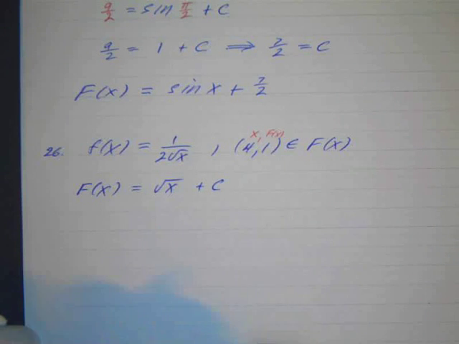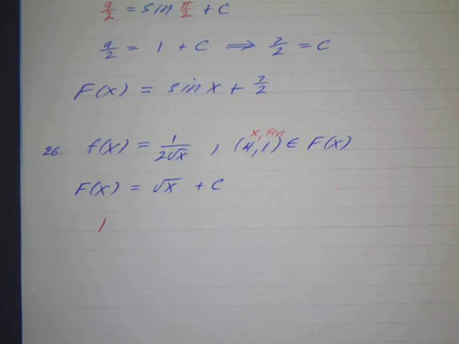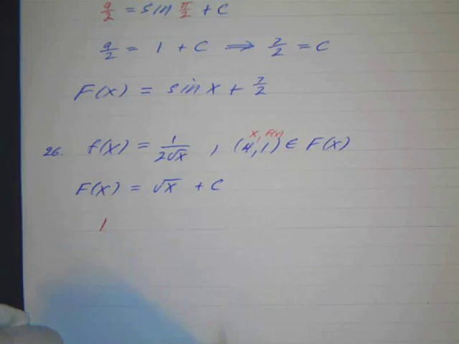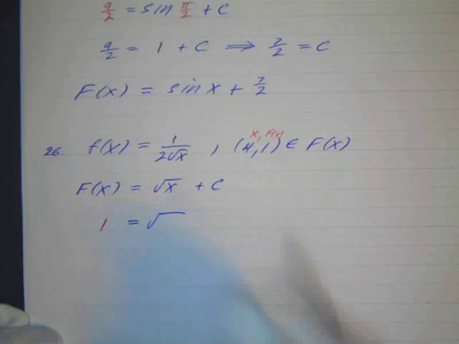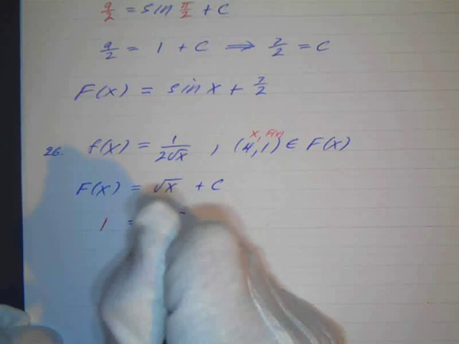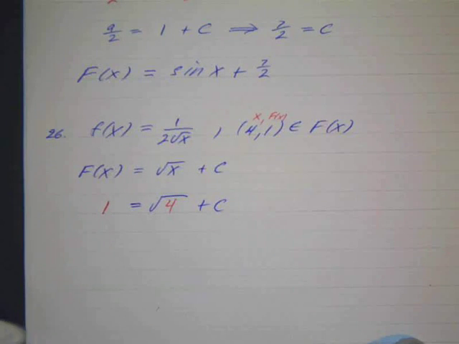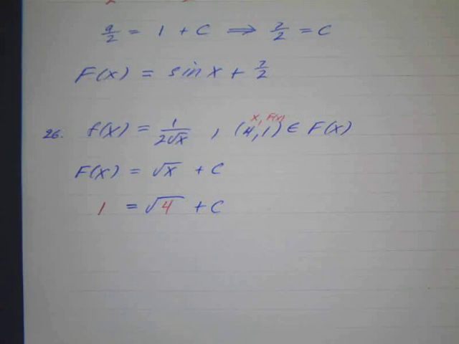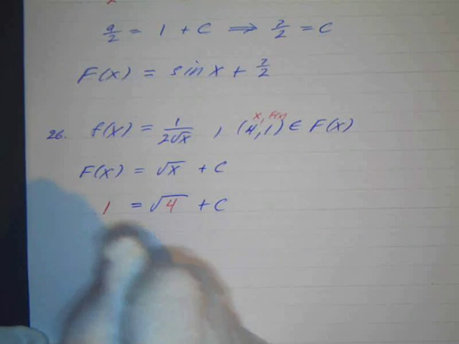So we know that f of x is 1, and that equals the square root of x, and x is 4, plus c. And that's going to imply, I guess we can work this out like this. So 1 equals, and then what's the square root of 4?